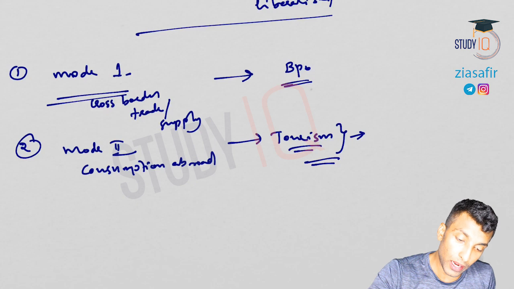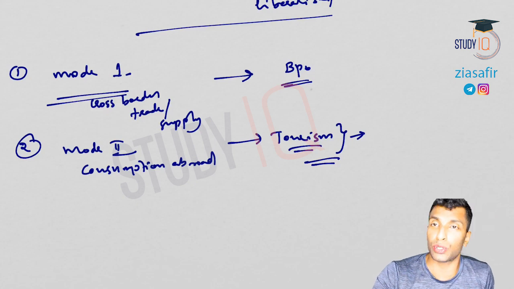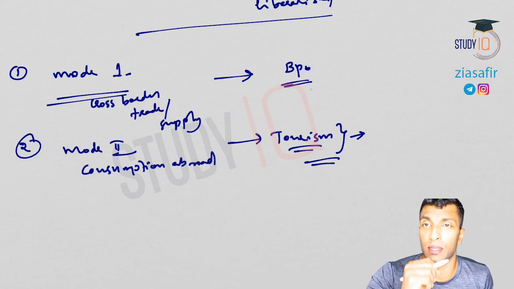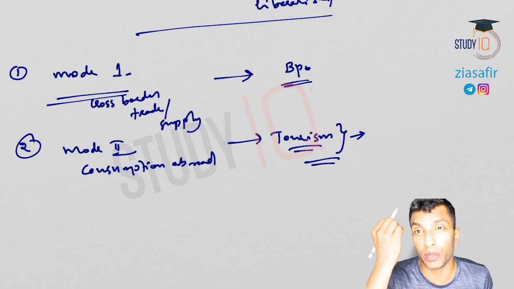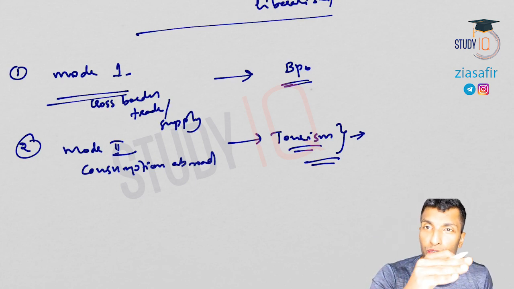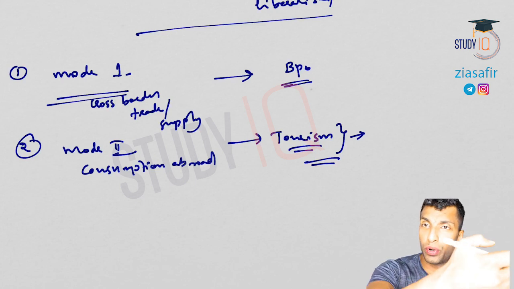So see, people going abroad is actually a kind of importing service. We have discussed, when we discussed balance of payment, I've told you, if an Indian tourist is going out, how can you put it in terms of import and export? It is actually importing, right? How and why? Because when you're going abroad, the dollar is going out, right?